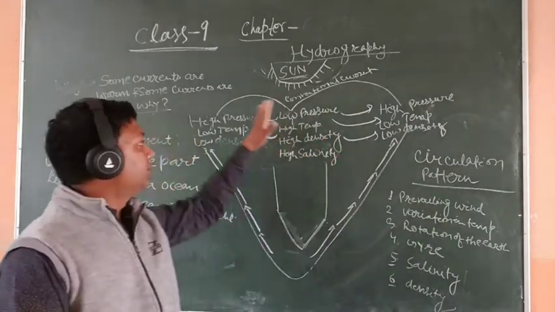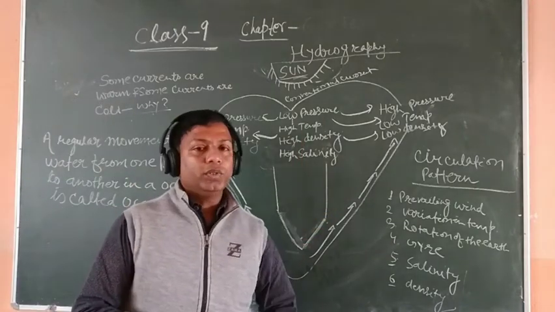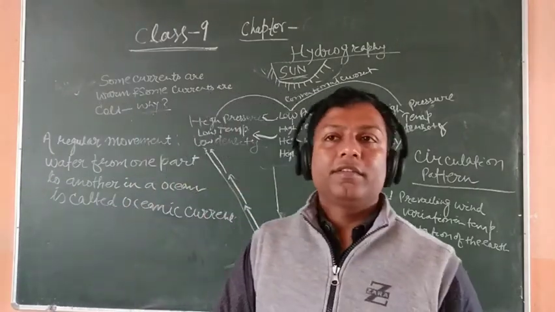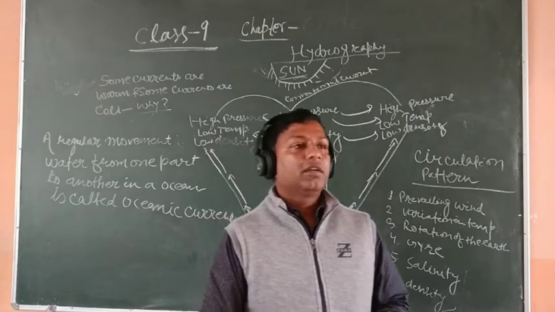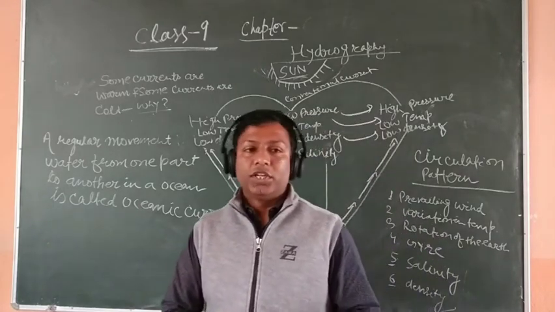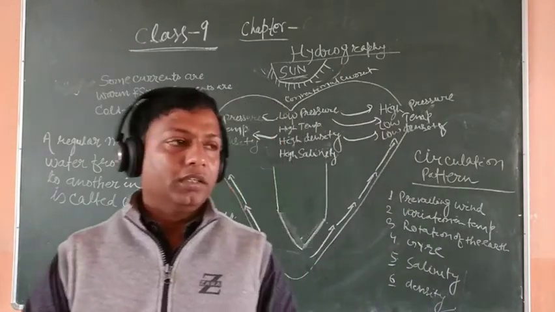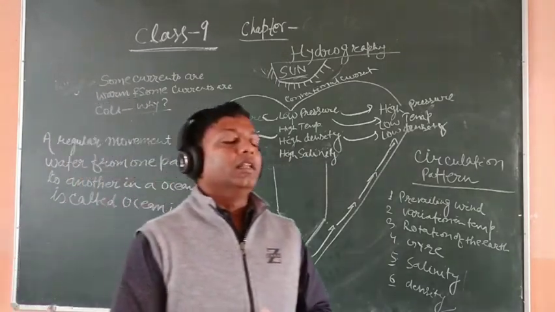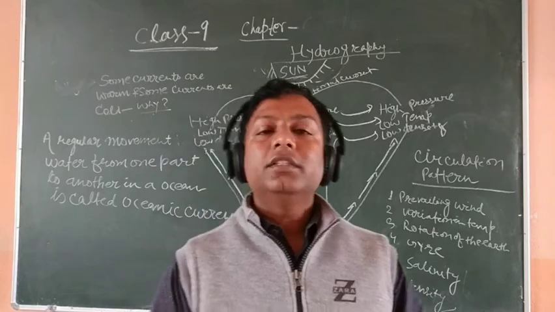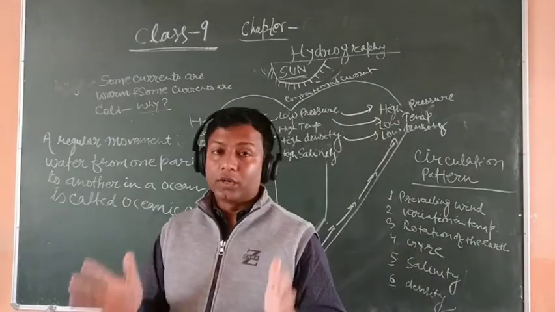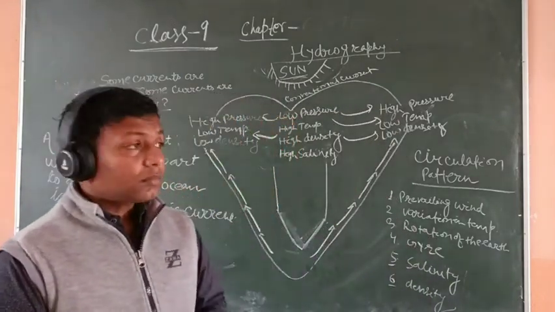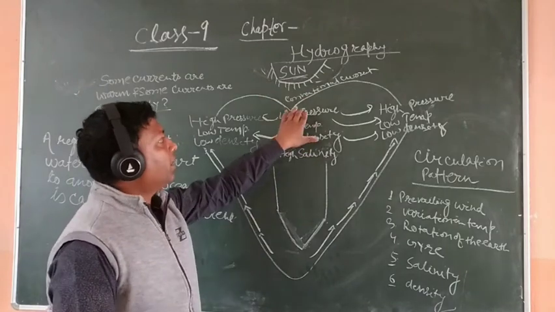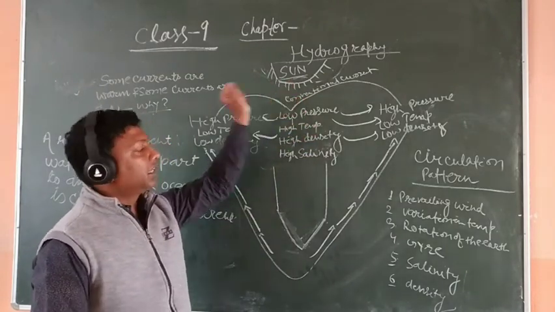Look at this picture. As you know from the starting chapter on rotation and revolution of the earth, the maximum reach of the sun on the earth is at the equator. Suppose this is the part of the equator and this is sunlight.